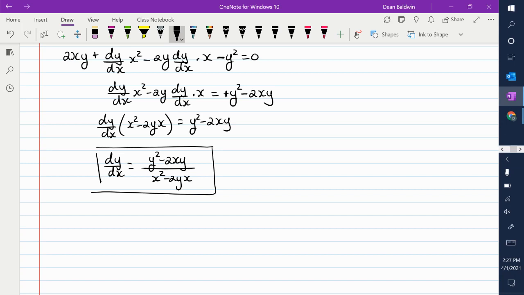That is your derivative. And if they ask you to find the slope at a certain point, you just plug it into x and y and it spits out the answer. Okay? Is that okay? It gets a little messy. There's a lot of letters going on there, not a lot of numbers. But you just have to be careful with it.